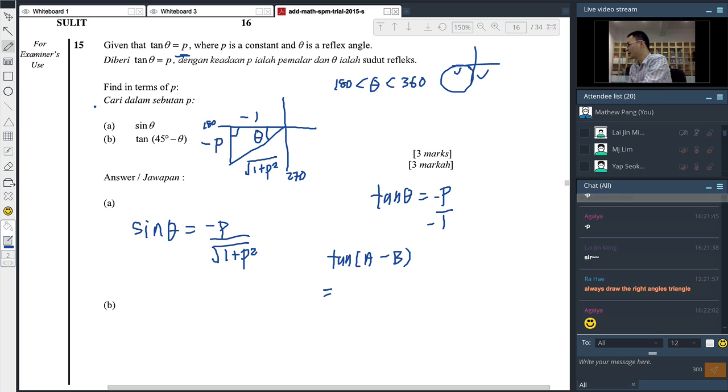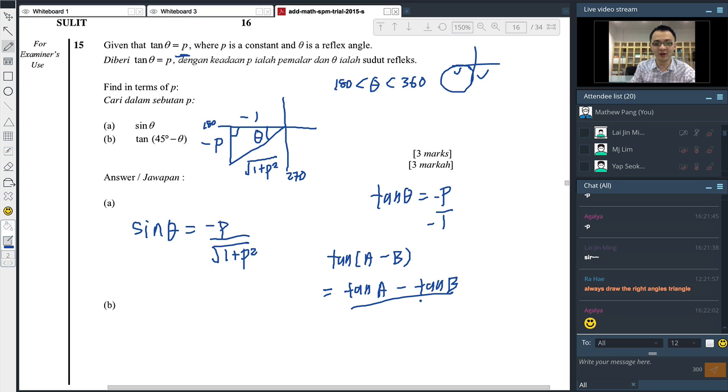Yeah, tangent A minus B is tangent A minus tangent B over 1 plus tangent A tangent B. So this is the formula.